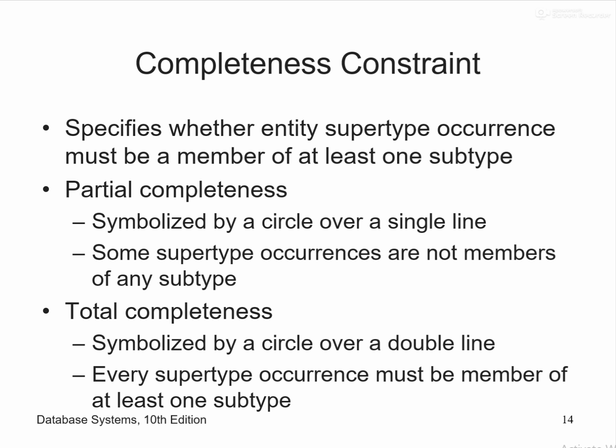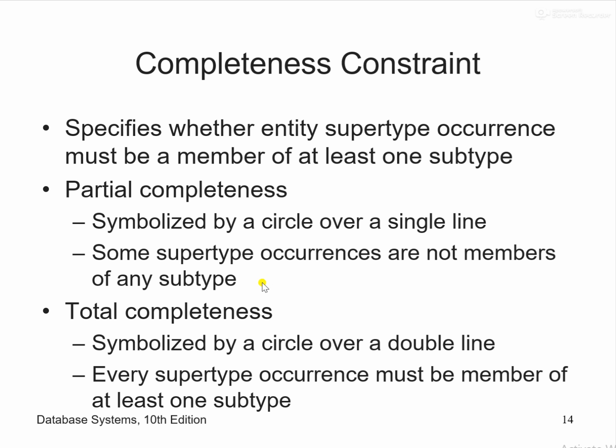If we have partial completeness, it means that not every supertype occurrence is a member of a subtype, and some supertype occurrences may not be a member of any subtype. But if we have total completeness, it means that every supertype occurrence must be a member of at least one subtype. Okay, let's explain it through an example.